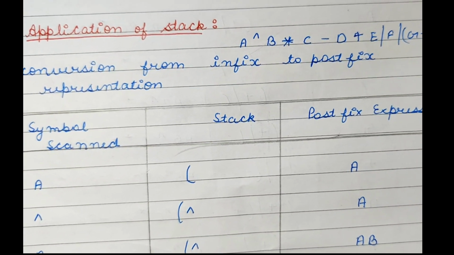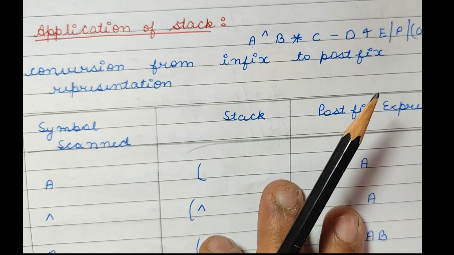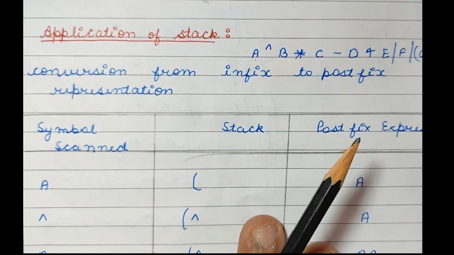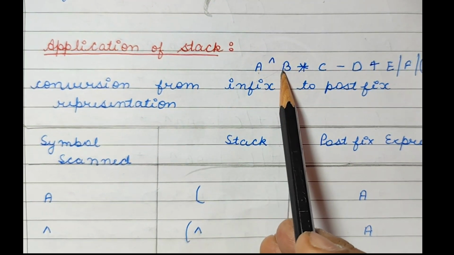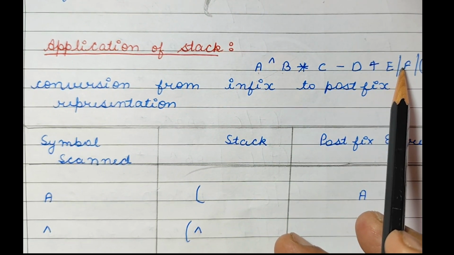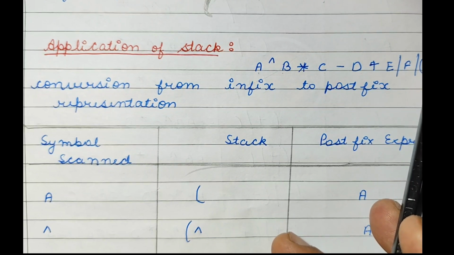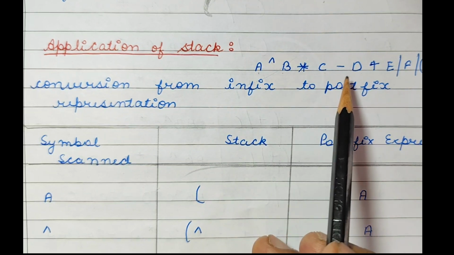So suppose we have the expression like a cap b multiply c minus d plus e divide f divide then left parenthesis g plus h then right parenthesis. Suppose this is our expression.